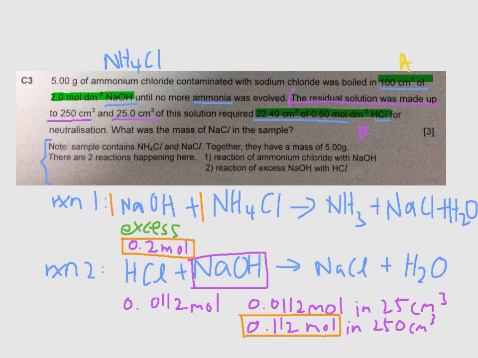With the amount found for NH4Cl, you will then be able to find the mass of NH4Cl, and therefore you will be able to find the mass of NaCl, because your 5 grams consists of your NH4Cl and NaCl. So if you minus off the NH4Cl mass, that will be the mass of NaCl present in your 5 grams. Okay, that's all.